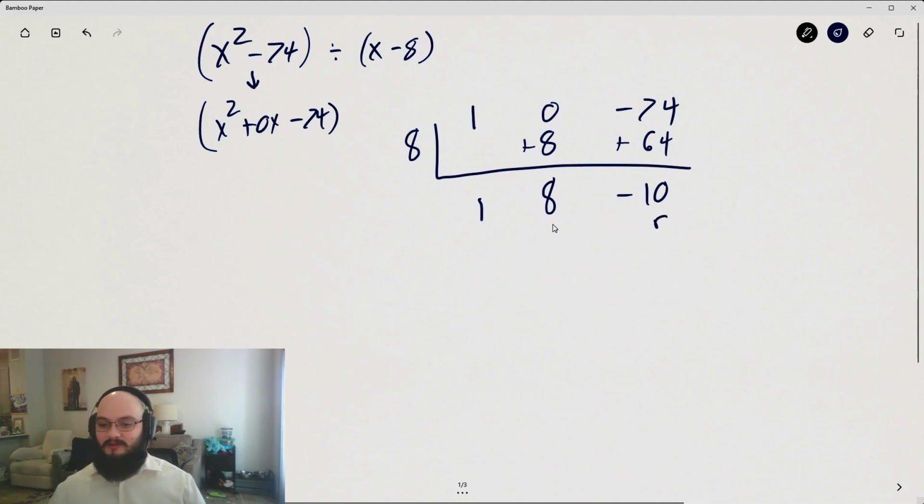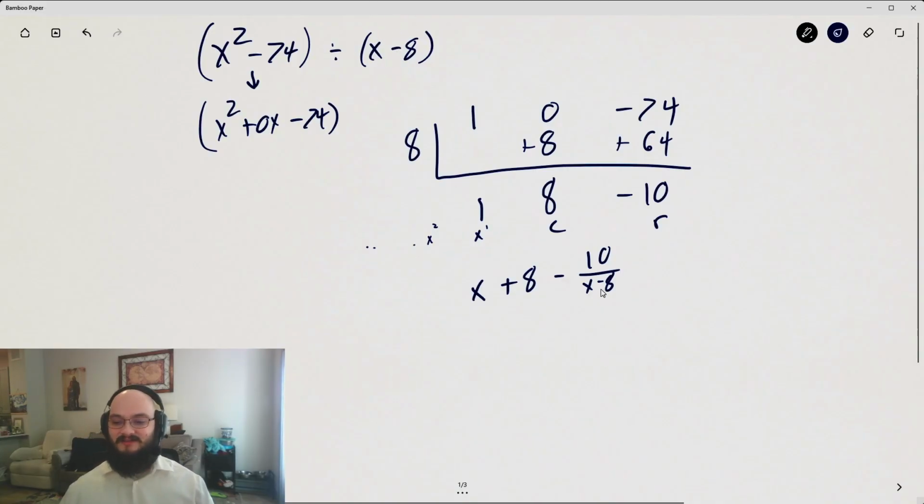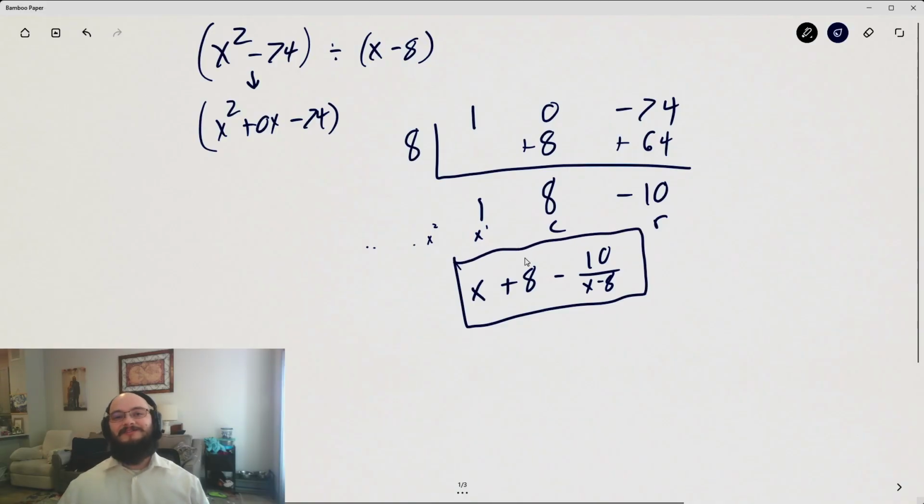Our pattern will be remainder, constant, x to the first, x to the second, etc., going on back. So our final answer will be x plus 8 minus 10 over x minus 8. Plugging in this divisor as our denominator. And there we go, our final answer for this problem.